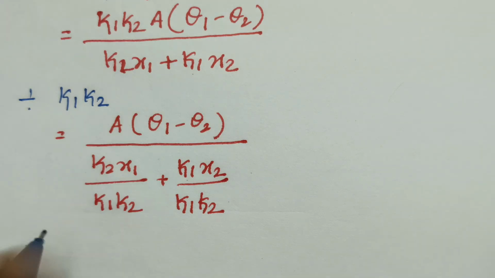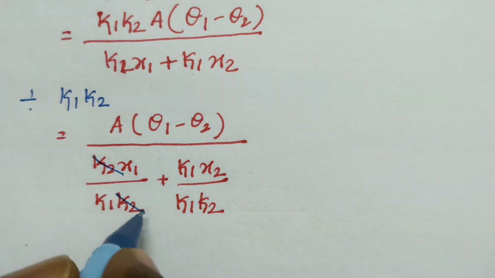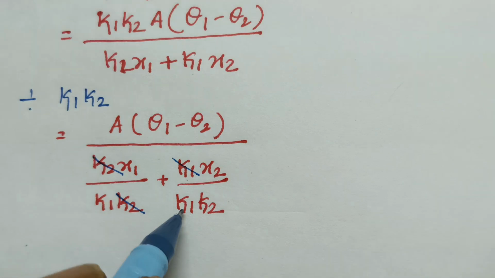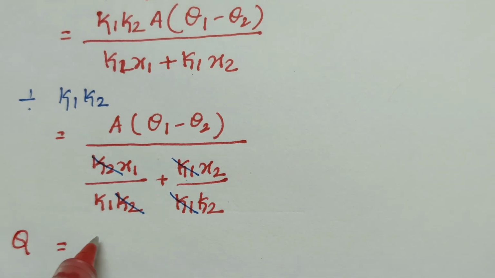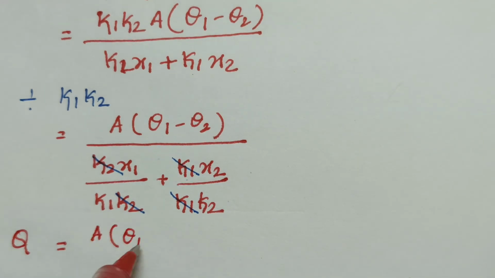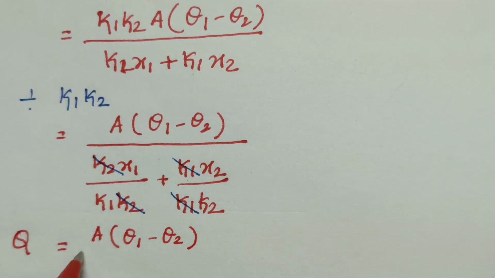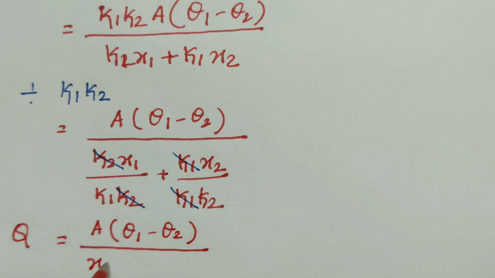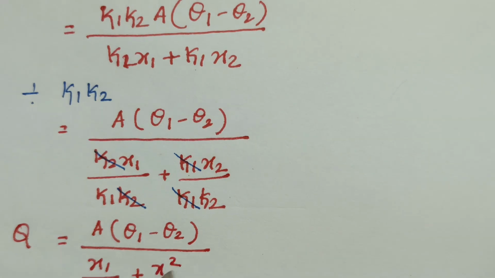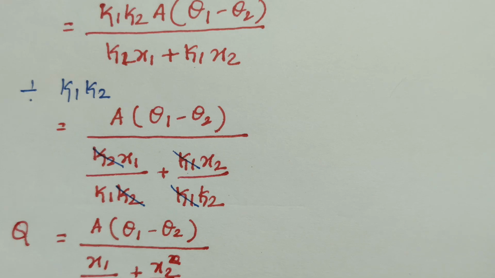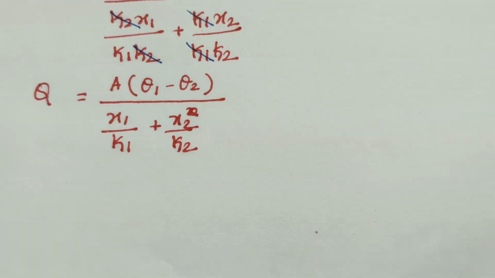Now again you can simplify. That is Q is equal to A into theta 1 minus theta 2 whole divided by x1 by k1 plus x2 by k2. This is equation number 5.